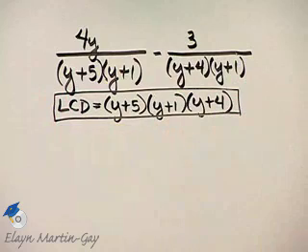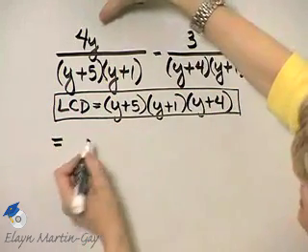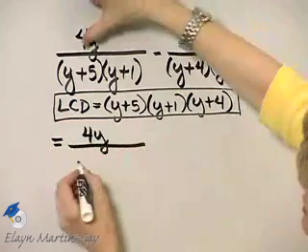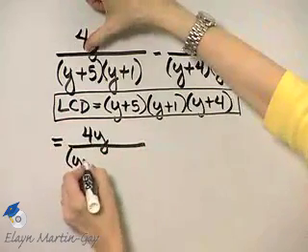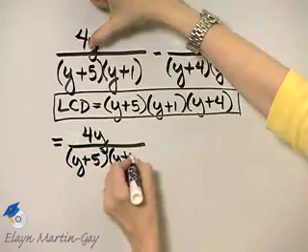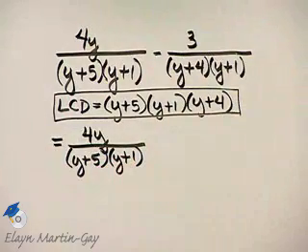Now I need to write each rational expression as an equivalent rational expression, but with this as denominator. So just be very, very neat. I'm just going to write down my first rational expression. So here is my first rational expression.